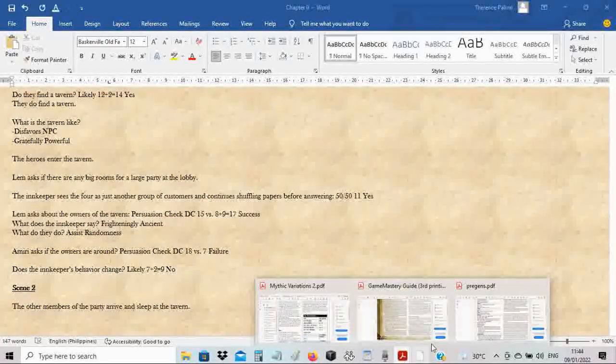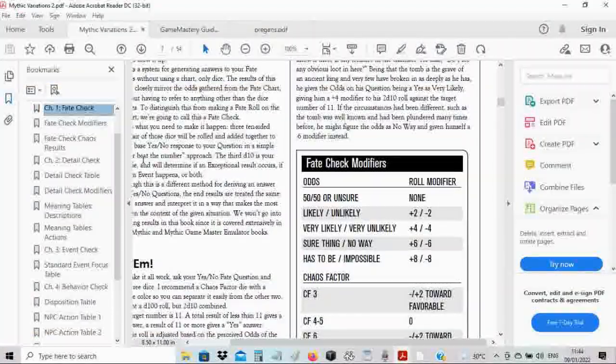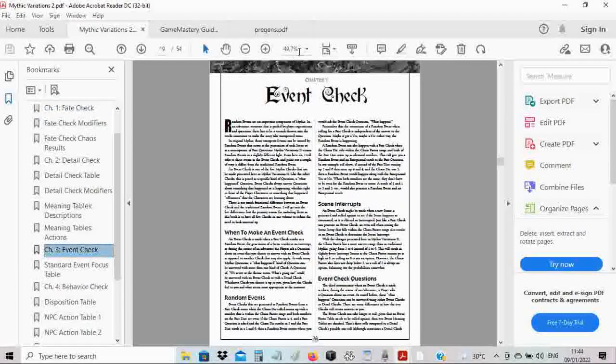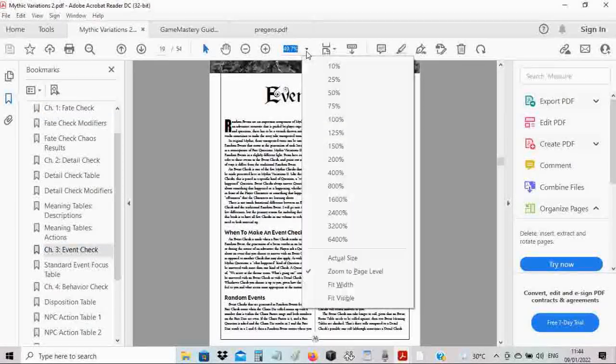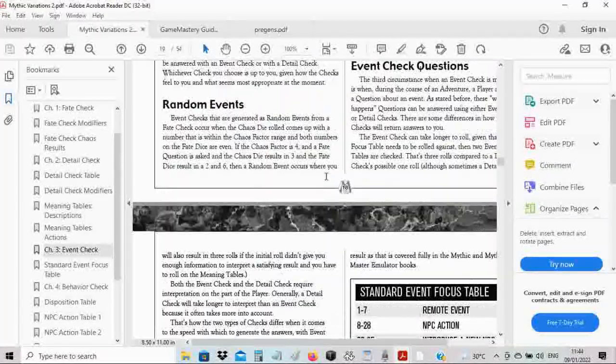Now it's time for a random event. Suppose you feel like it should be a random event. You can do this kind of thing with Mythic. If you feel like something should change, then it will change. So let's begin. Suppose a big scene interrupt happens. I'm just saying this as an example, okay?